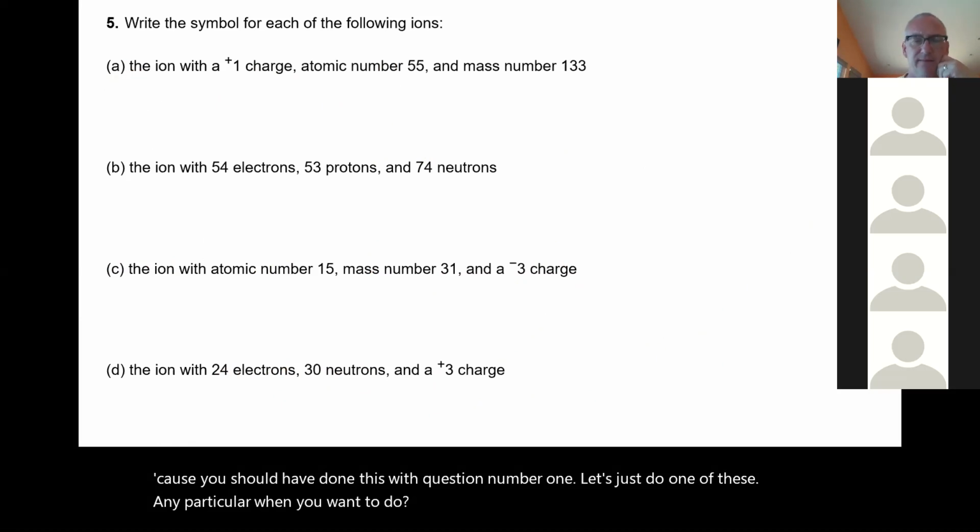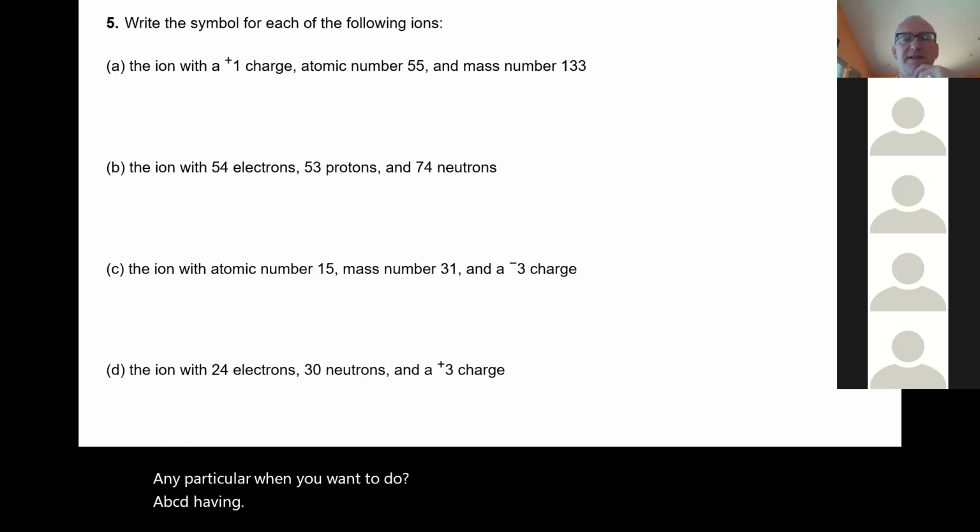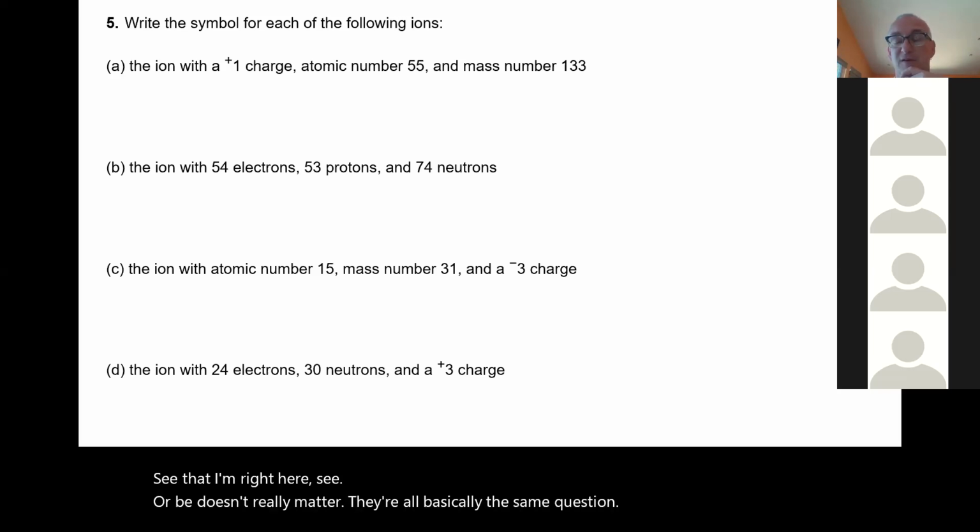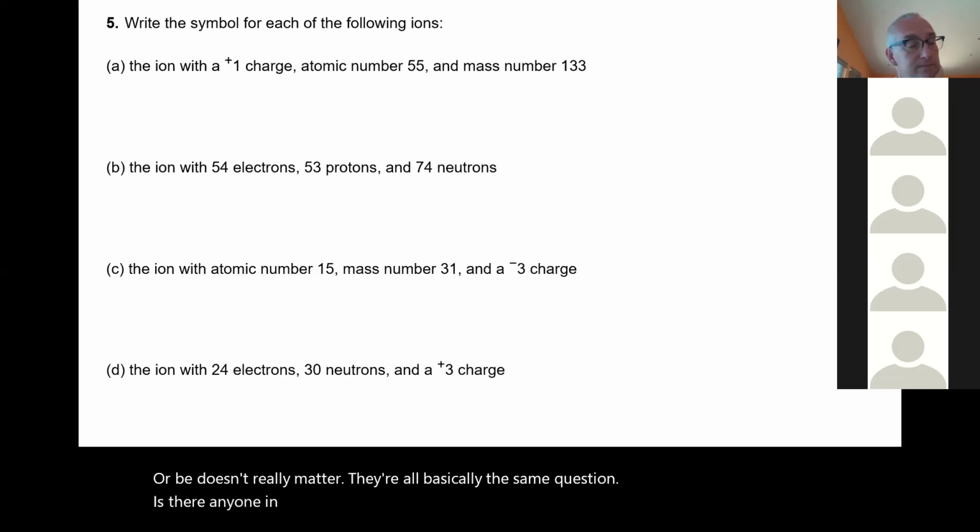A, B, C, D. I mean, the rest I left off because like 6 is basically the same question. I should have just cut question 6. C, so did I hear C? Or B? Doesn't really matter. They're all basically the same question. C. Is there anyone in particular? B. B, sure. Why not?